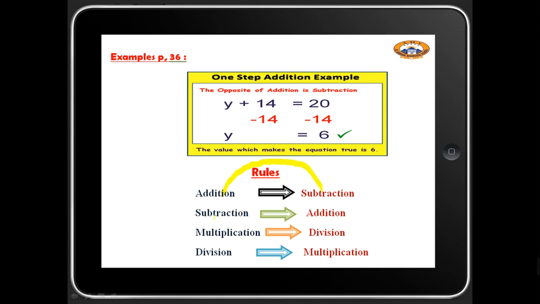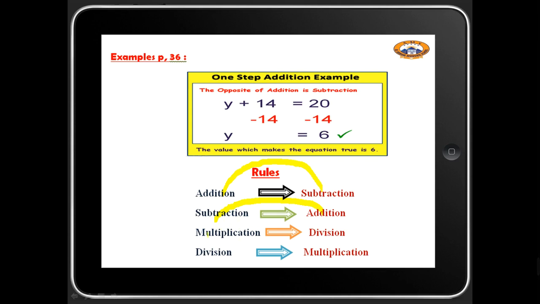And when I move a subtraction from one side of the equation to the other side, the subtraction becomes addition. This is tricky, but wait until I finish explaining the whole lesson, and you're going to solve it by yourself and find it so easy.